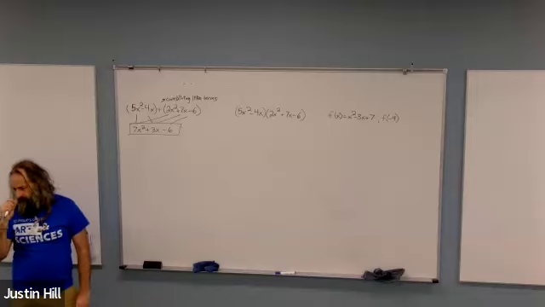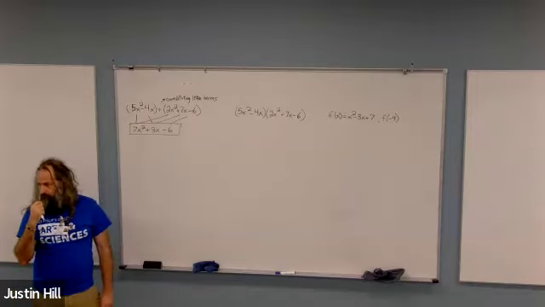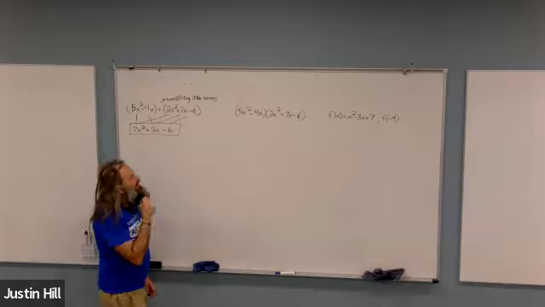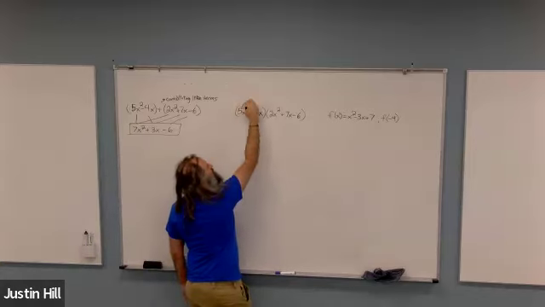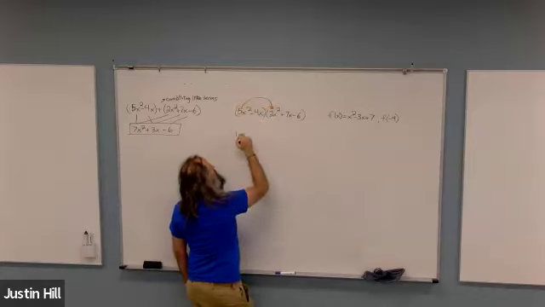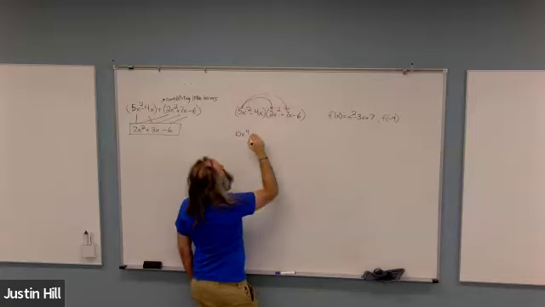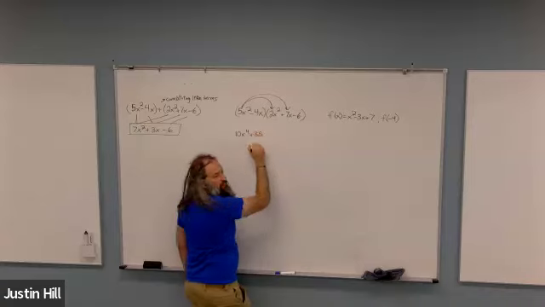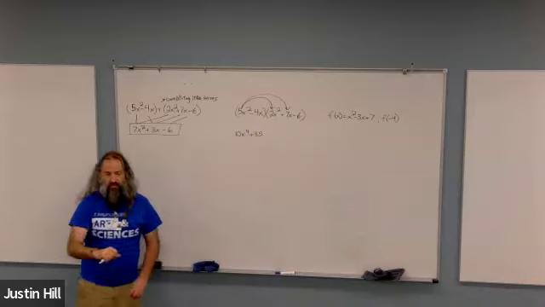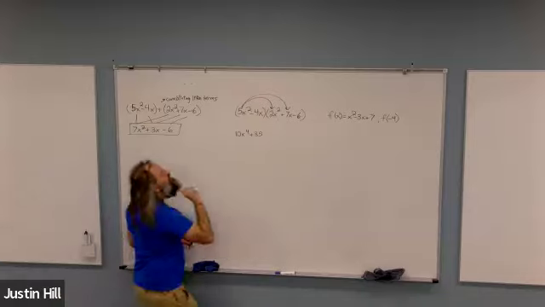So at first I got 10x to the 4 plus 35x cubed, because I multiplied 5x squared times 7x. Yeah. So you add the two exponents. You're right, it's fine. Keep going.